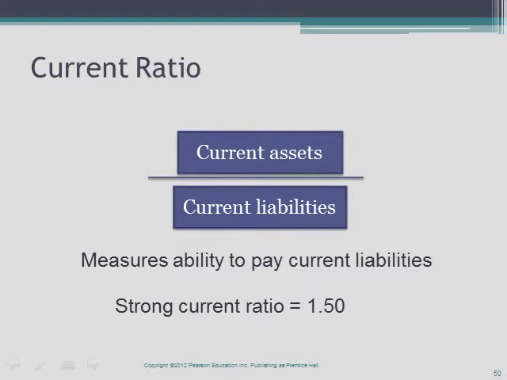The only thing I would caveat all of this with is that the goodness or badness of ratios, regardless of what ratio it is, really comes about by comparing it to the same ratio for similarly sized companies in similar industries. So we have to be careful about saying that because a ratio is high, it's good, because it could be that for similarly sized companies in the same industry, the average of those ratios is much higher.